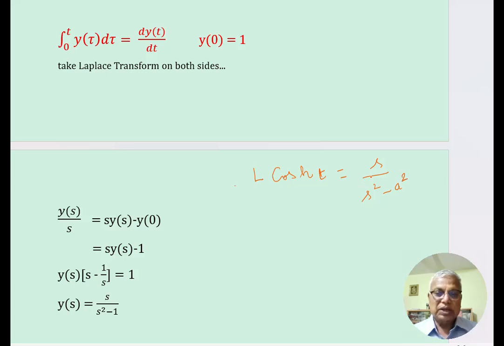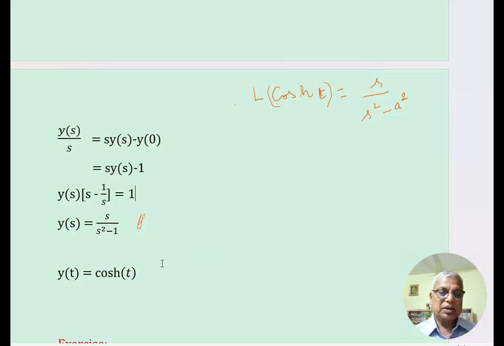So we can use this formula here, this is also the same form, s by s square minus 1. Here a is 1. What is the inverse of this? Using this formula, the inverse is cosh t, where a is 1 here. So this is the solution.